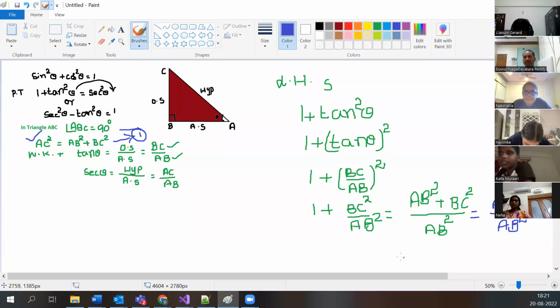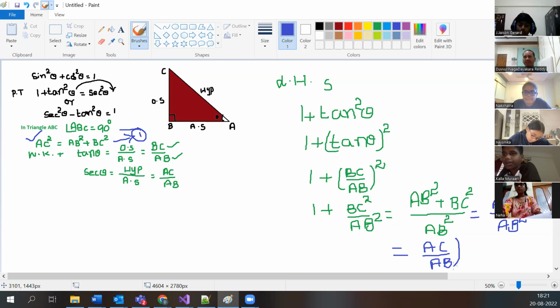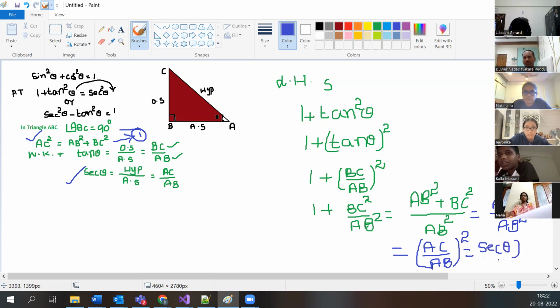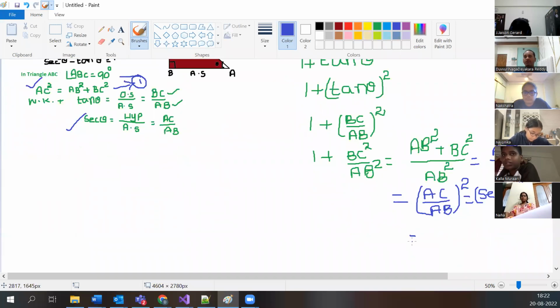Now AC square by AB square can be written as AC by AB whole square, because we can replace AC by AB. What is the value of AC by AB? It is nothing but secant theta. So secant theta whole square is equal to secant square theta. That is what we needed to prove.